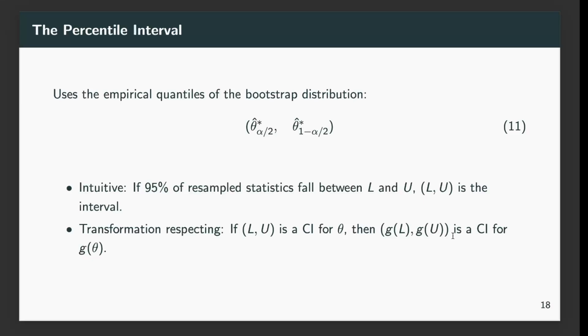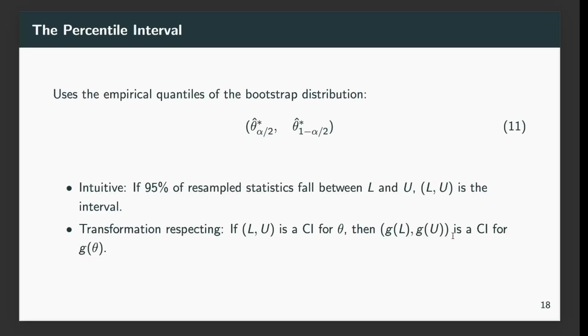So this is very good, because for example, if you bootstrap the log of the standard deviation and then you exponentiate the interval endpoints, you're going to end up with a valid confidence interval for the standard deviation itself. The classical intervals based on the normal approximation may not have this property.